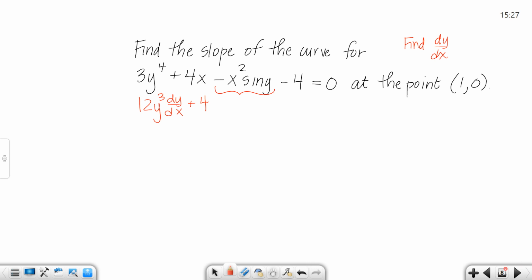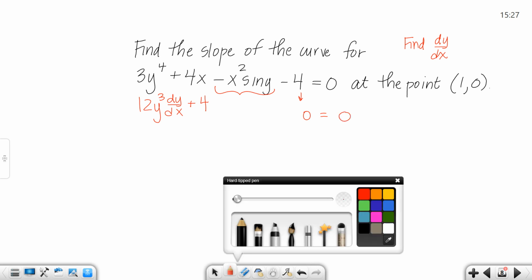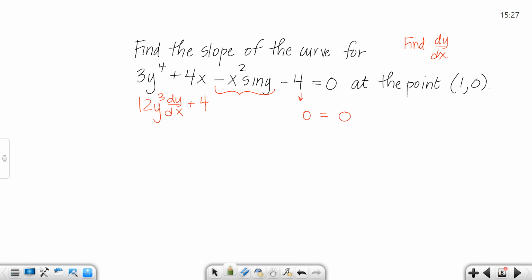This red part here we have to go to the side and do. The derivative of negative 4 would be 0, and that equals 0. So let's jump to the side and take care of this particular piece. Now I like to handle my negative inside the derivative, but it is a matter of personal preference.